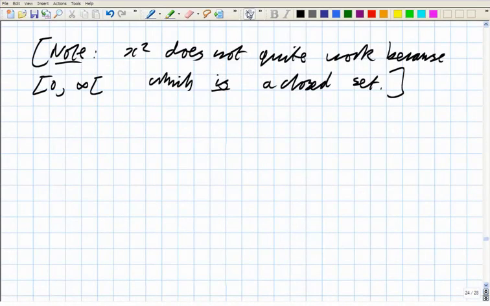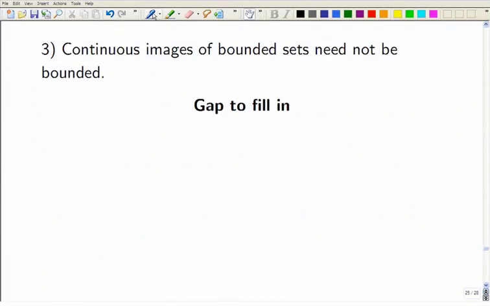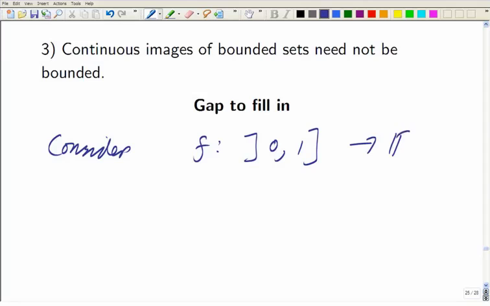So let's go to the bounded set. So let's consider f from (0, 1) to R, defined by f of x equals 1 over x.